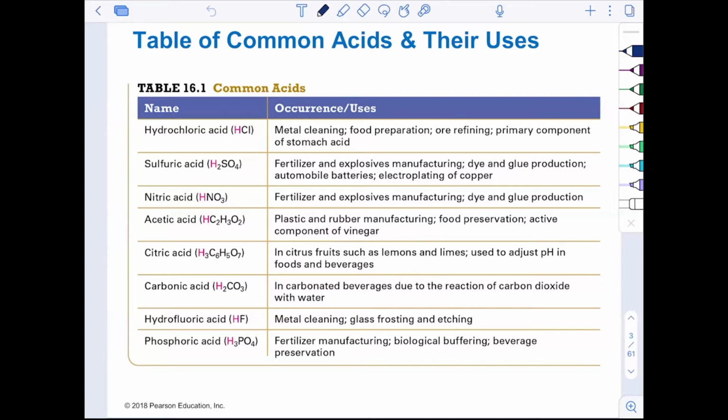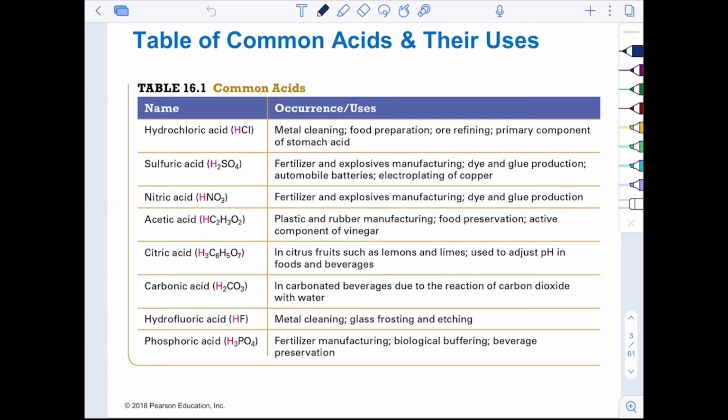Hydrofluoric acid is used in a lot of different things: metal cleaning, glass frosting, etching. It's not often found in general chemistry labs. Hydrofluoric acid is one of the weirder chemicals. It won't burn your skin like HCl or HBr will, or H2SO4.